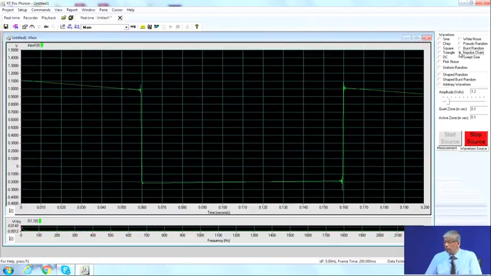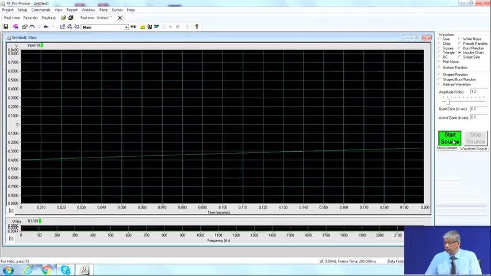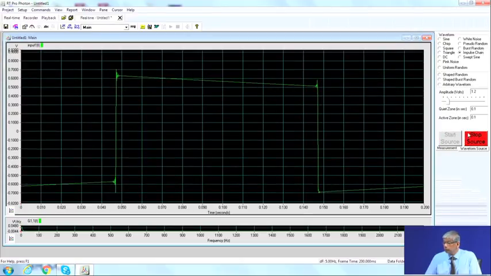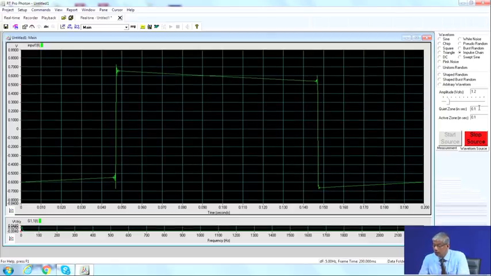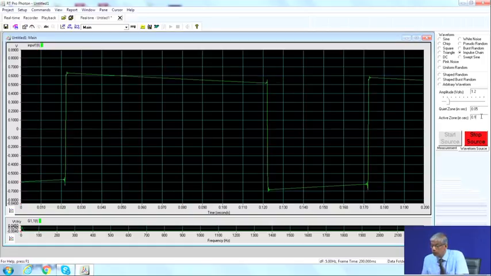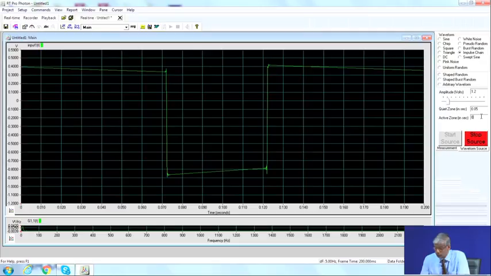I can generate an impulse chain, quiet zone, active zone. I can reduce it. Quiet zone in seconds, 5, and active zone.